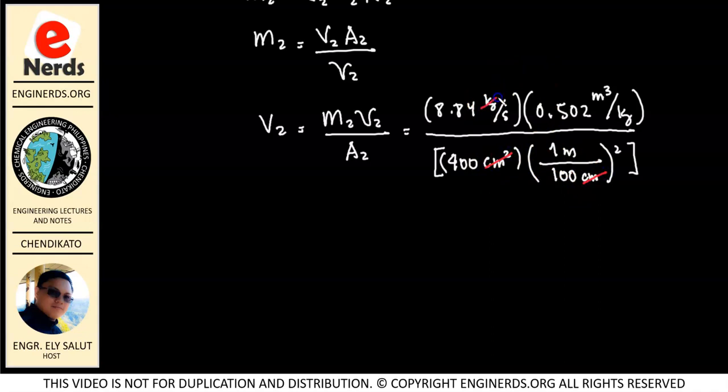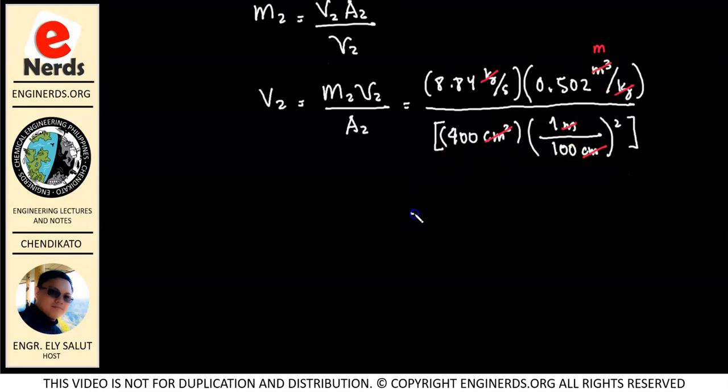Our kilogram here will be cancelled out. And dito naman sa denominator, magkakaroon tayo ng meter squared, no? Because naka-squared tayo rito. And since naka-cubic meter tayo dito, may maiwan pa sa atin isang meter sa ating unit, no? So, we will have a unit of meter per second.